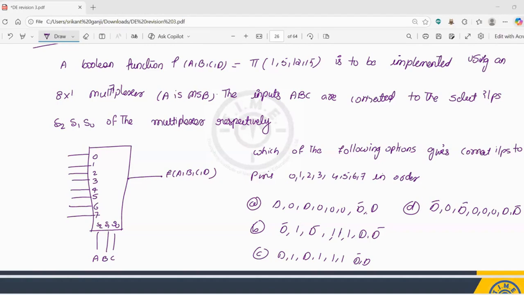Satvik, option B is correct. Option D? Check once. Option B, not D. He is giving pi of 1, 5.